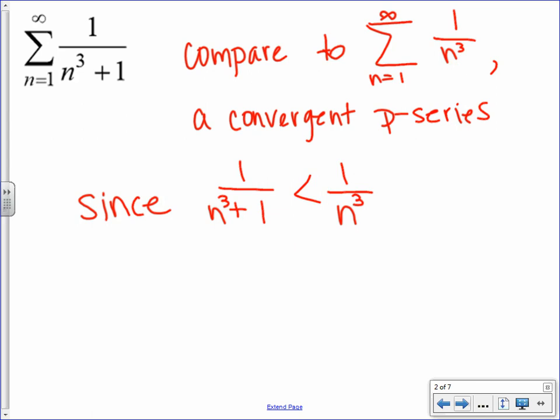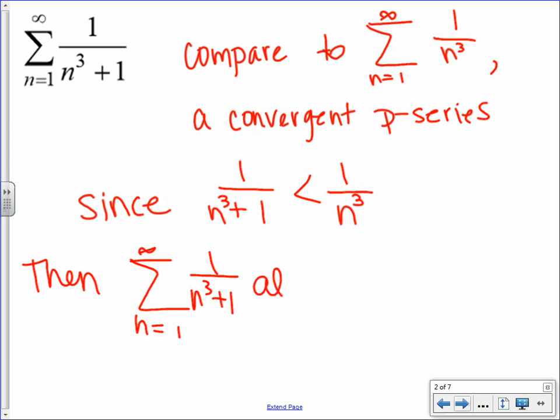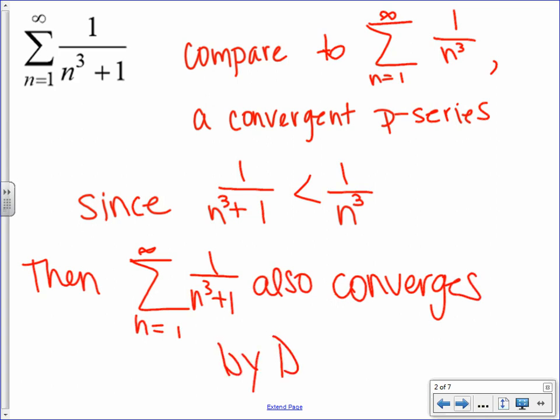And if our sequence is smaller than the sequence whose sum we know converges, then its sum also converges by direct comparison.